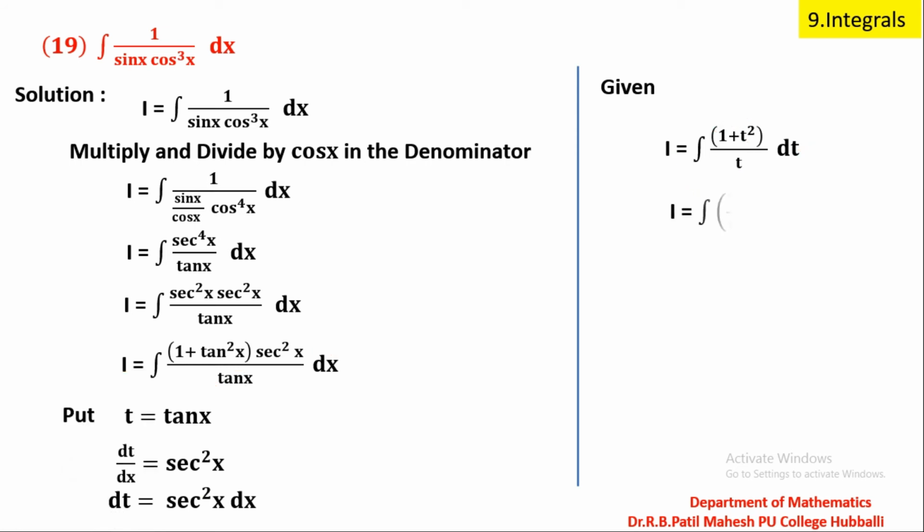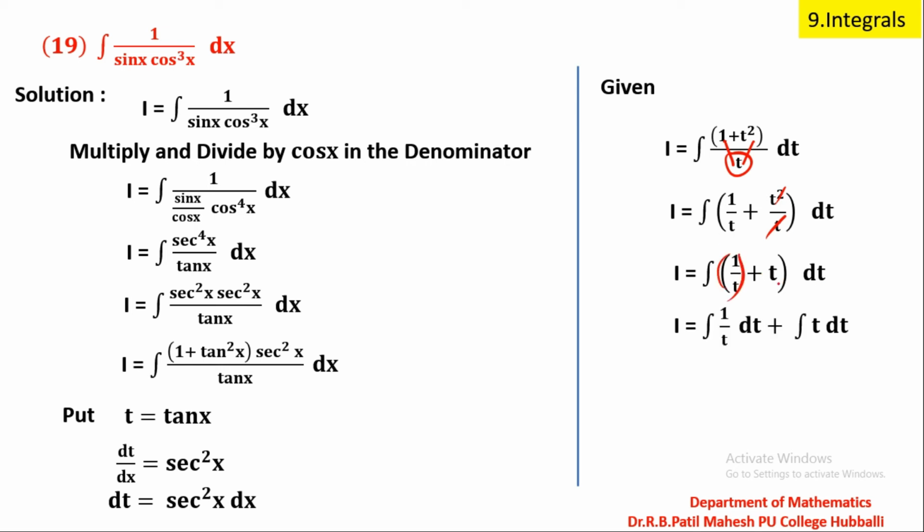After that, you can split this as 1 by t and t square by t. So in the second, t and 1 by t will get cancelled. So integration of 1 by t plus t into dt, taking the integration for 1 by t as well as for t. You remember, integration of 1 by t is log of mod of t, plus integration of t using integration of t raised to n dt.